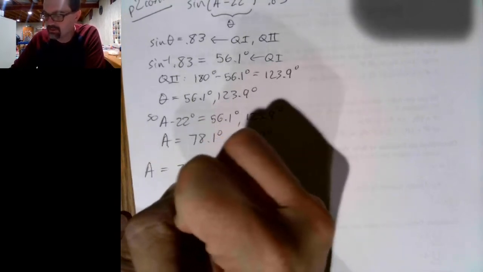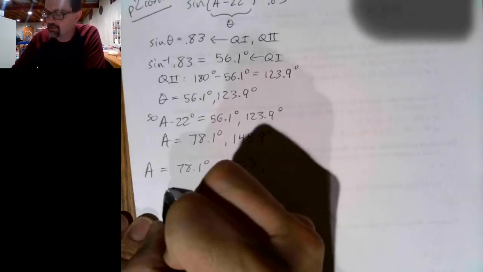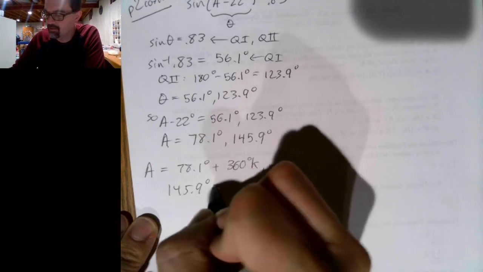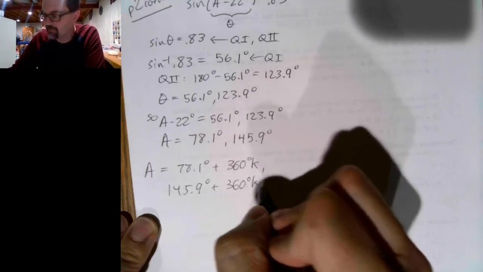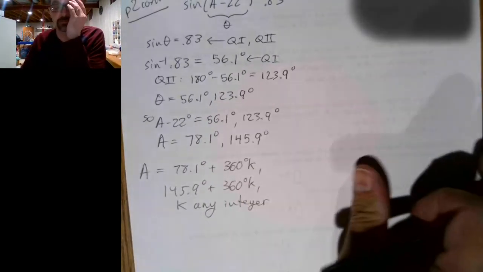So we get a equals 78.1 plus 360k, 145.9 plus 360k, k any integer. There we go.